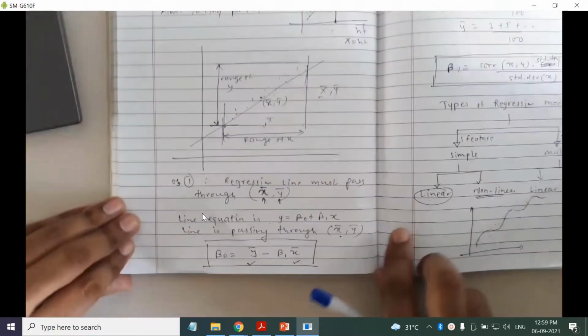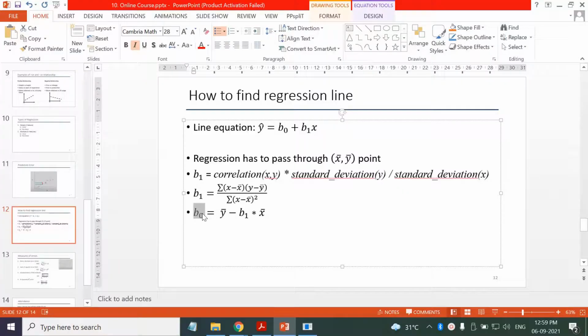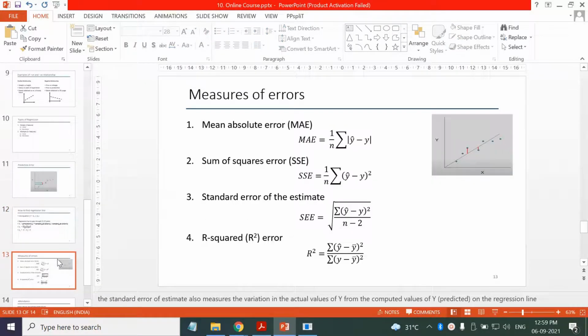We have derived this formula for beta 0. So by that we'll get this line equation, because beta 0 and beta 1 are known now. So we can predict the value of y for the given sample now. And these are some measures for finding the error.